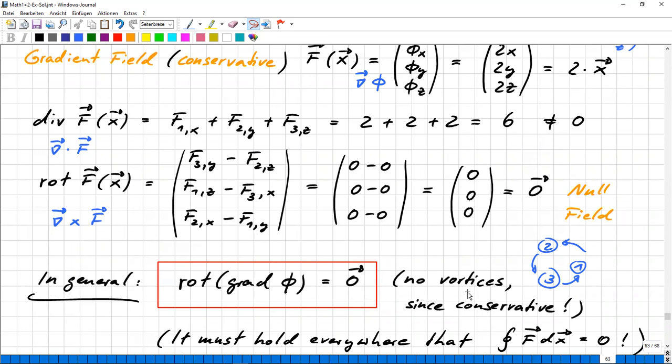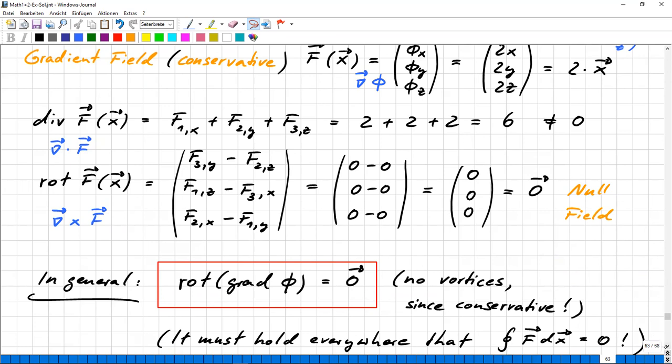If it had even a single little vortex anywhere in space, you could locate this vortex, go there, and make a little journey around and round and get some positive result from calculating the corresponding path integral.